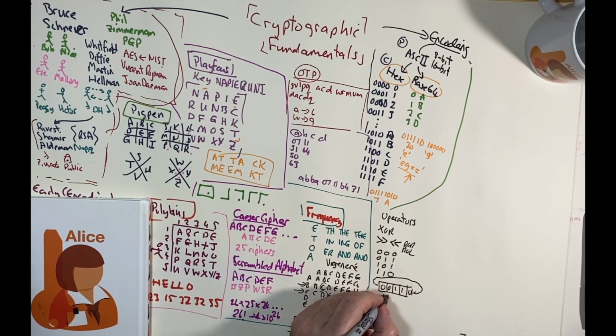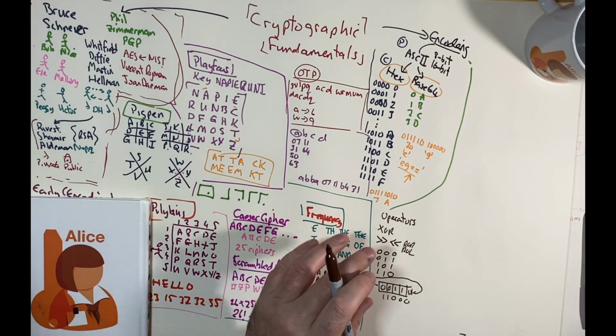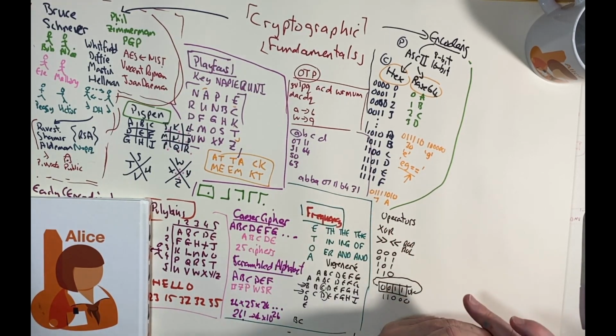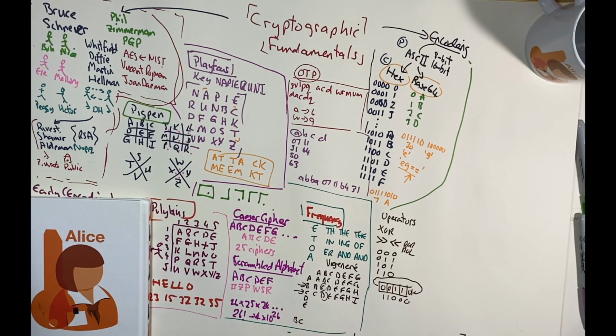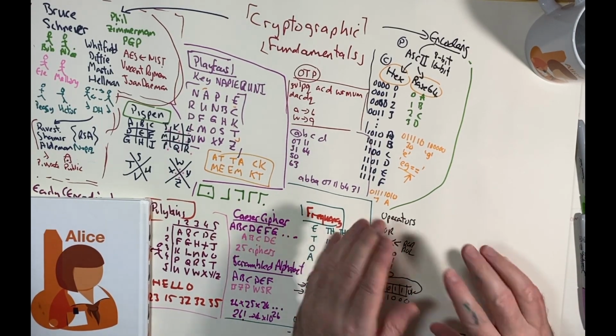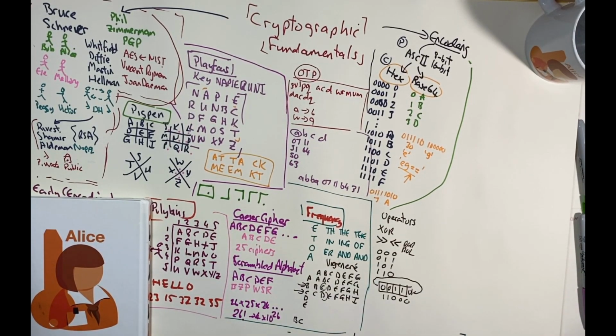So rotate by 2 to the left would become this, and to the right we'd move that one out to there. So with these 2 basic operations, we can really perform a lot of encryption methods just by doing these and then doing the reverse on the other side.